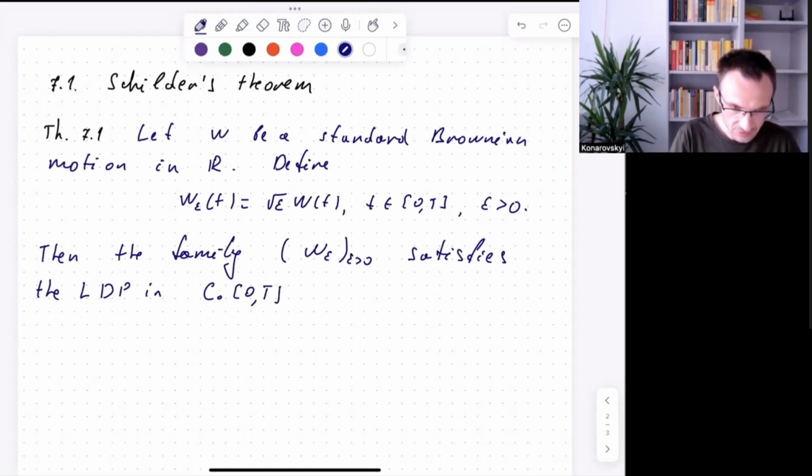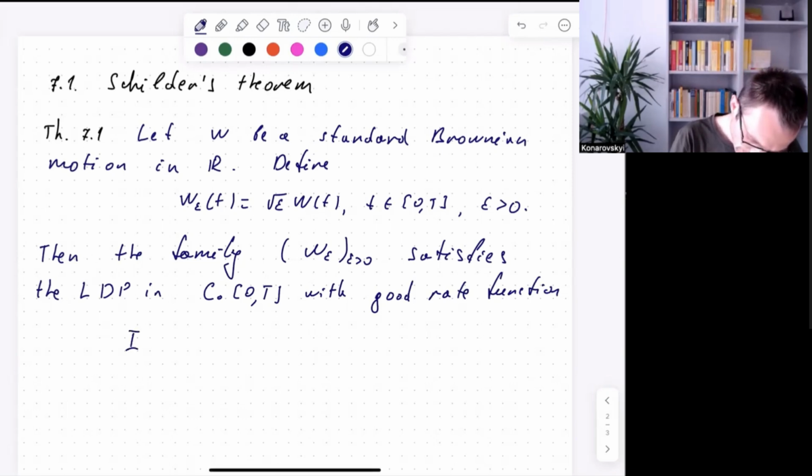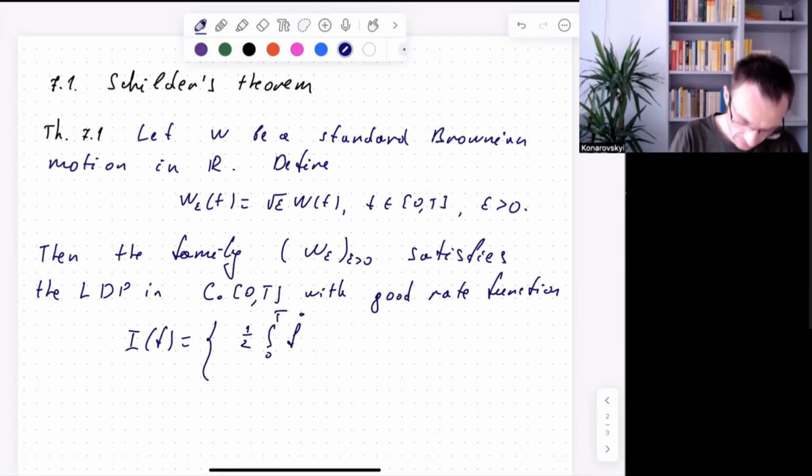It is the space of continuous functions from 0T to R started from 0, meaning that the function at 0 is equal to 0, with the good rate function I(f) that is equal to 1 over 2 integral from 0 to T of f dot squared of t dt, when f is absolutely continuous with square integrable derivative.